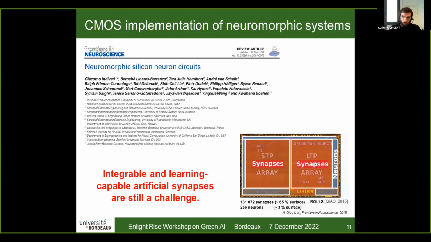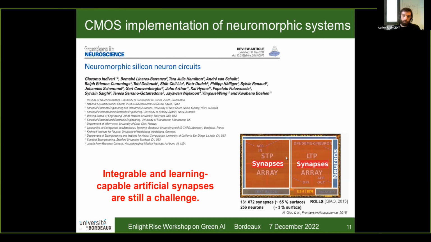So those kinds of rules for neurons and synapses have been around for a few decades now, and people have tried to implement them in silicon, CMOS chips, in what's called neuromorphic systems. Here you can definitely build silicon spiking neurons.